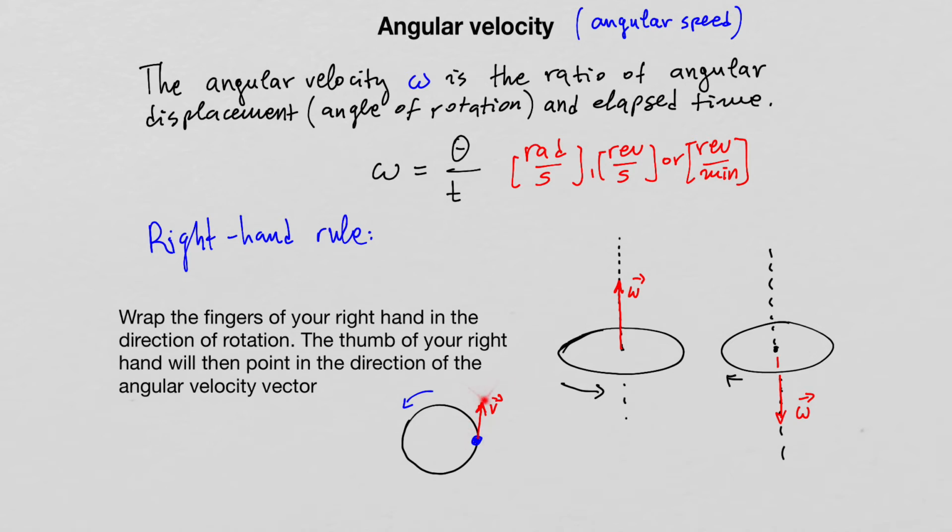So the velocity and the trajectory are both in the same plane. Here, in the situation of rotational motion of a solid object like this disk, the angular velocity is perpendicular to the plane in which the object rotates. So conceptually, this is a very different situation. But the right-hand rule, as shown for those two examples, helps identify the direction of the angular velocity.